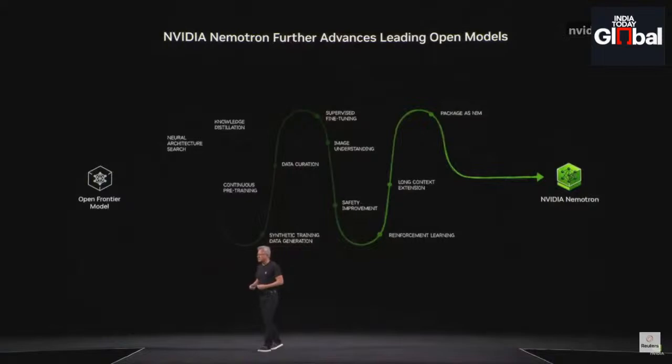Extend the context so that it could learn and read more before it interacts with you. Most of these models have relatively short context, and we want it to have enormous context capability because we want to use it in enterprise applications where the conversation we want to have with it is not available on the internet. It's available in our company. And so we have to load it up with an enormous amount of context. All of that capability is then packaged together into a downloadable NIM.